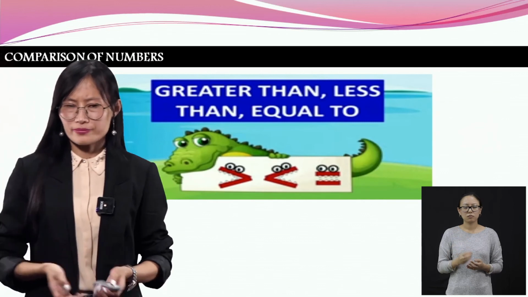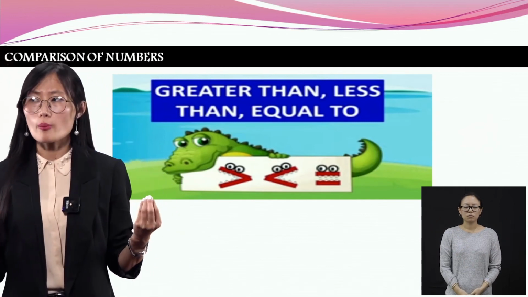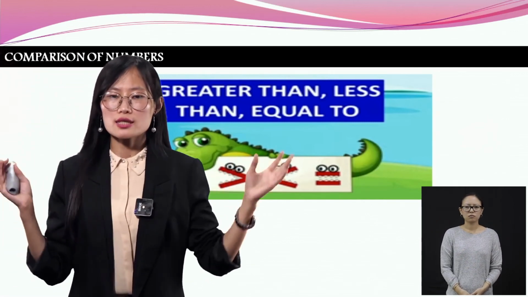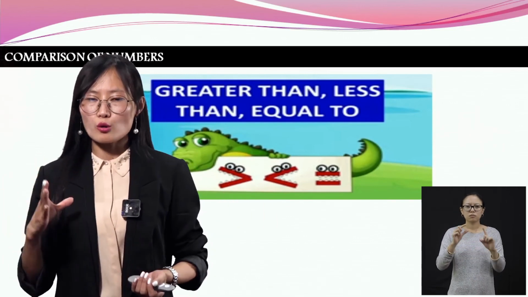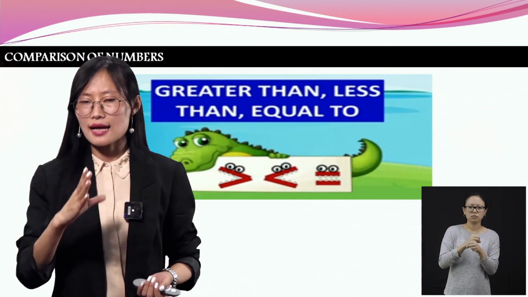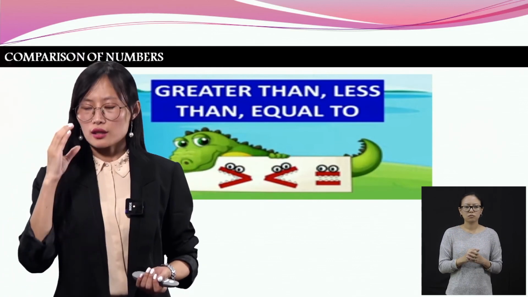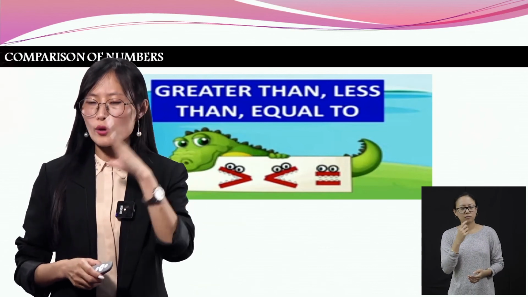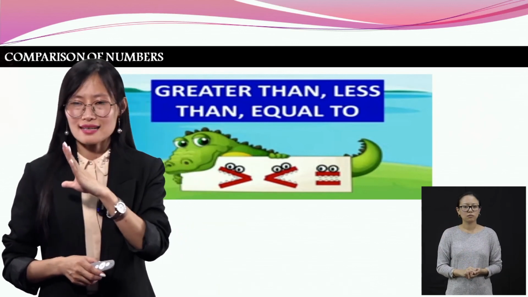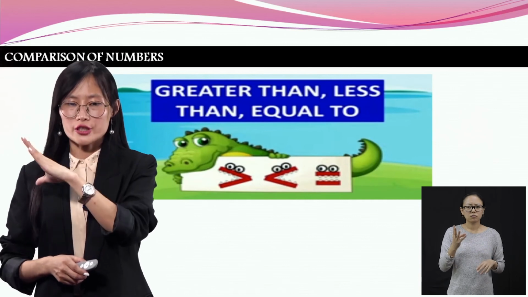So while you are comparing numbers, you can imagine the numbers as a little group of fishes, and the sign as the mouth of the alligator. The mouth of the alligator will always open towards the number which has a bigger number of fishes.